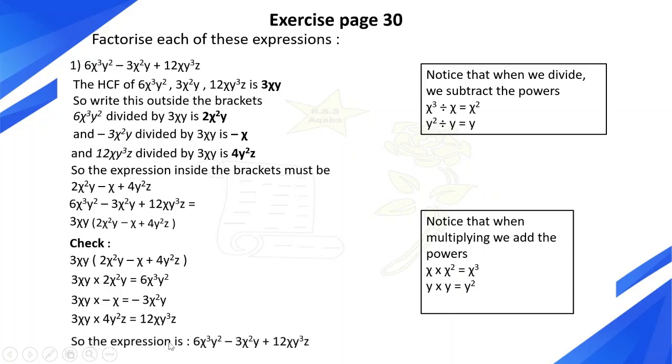So the expression is 6x cubed y squared minus 3x squared y plus 12xy cubed z. This is the same, so it's correct.